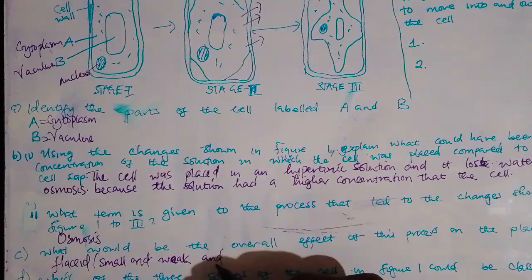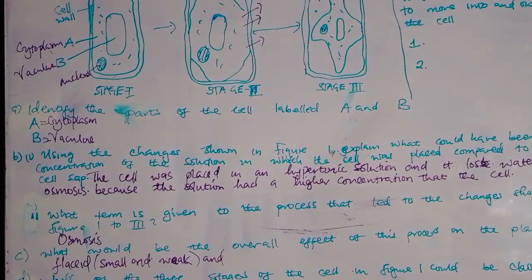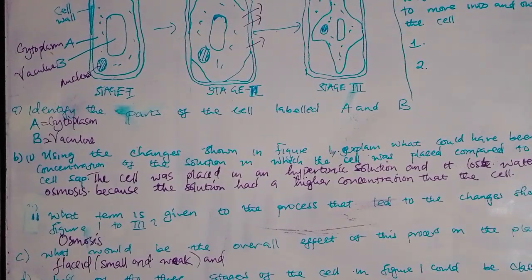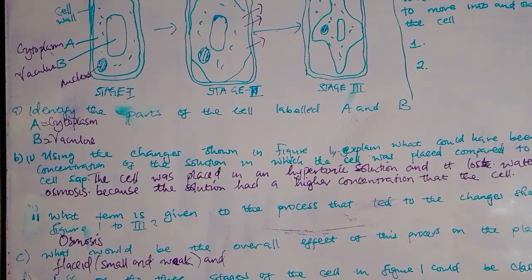And also the plant will start wilting. So what is wilting? Wilting is the process where the plant starts sagging of delicate plant parts such as the leaf. You start seeing that the leaves will start to die slowly because they are losing water.